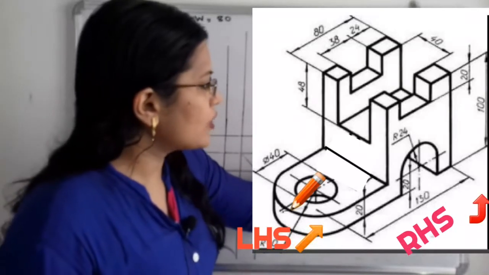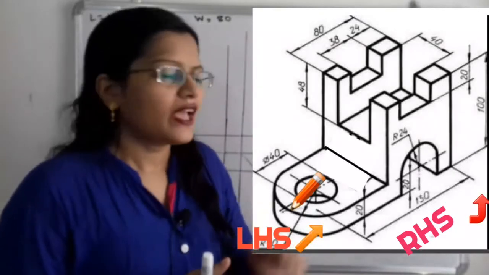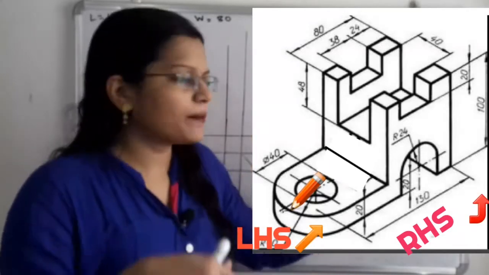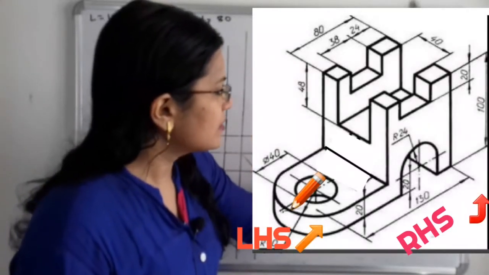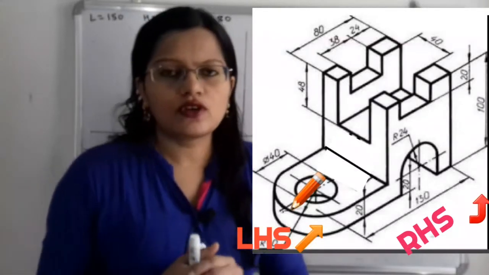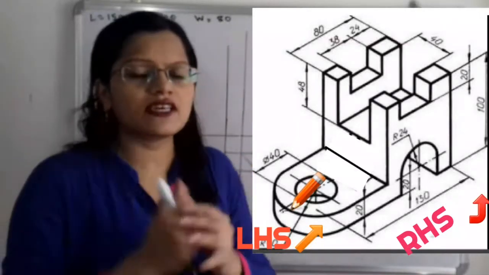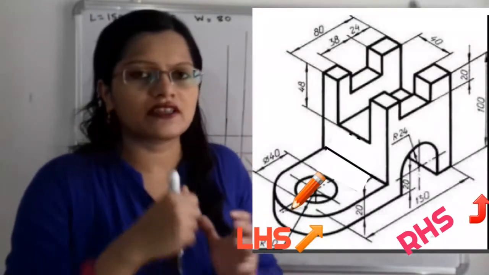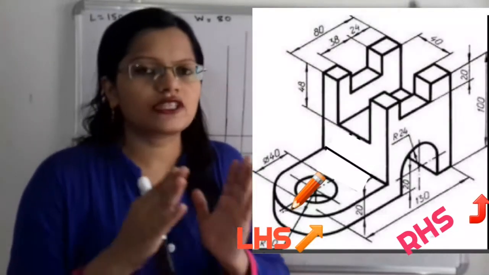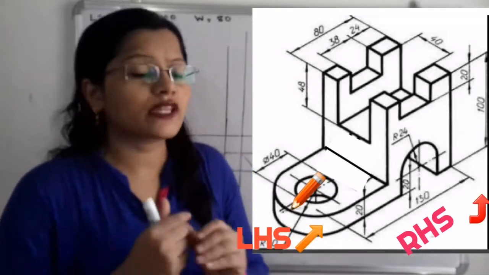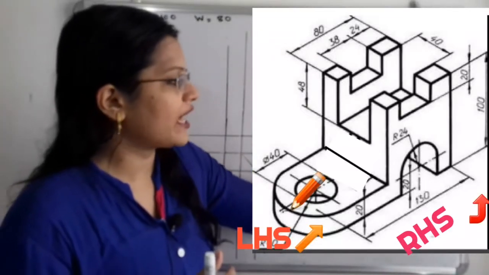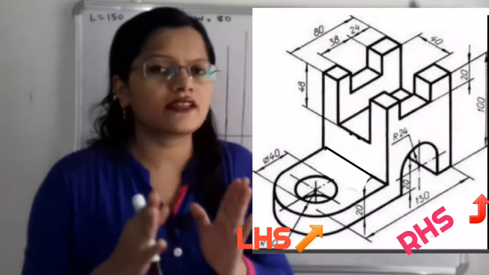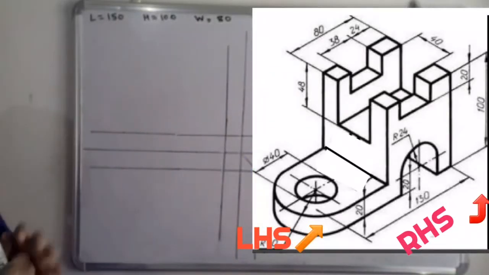The small hole has diameter 40, and the base arc, or the curvature of the base, has radius 40. From the center, the radius of the small hole is 20 and the radius of the curvature is 40. So 40 minus 20 is 20. The remaining distance is 20, and we add it: length is equal to 130 plus 20, that is 150 millimeter.